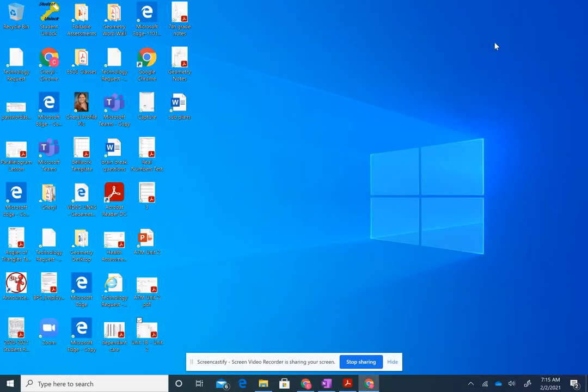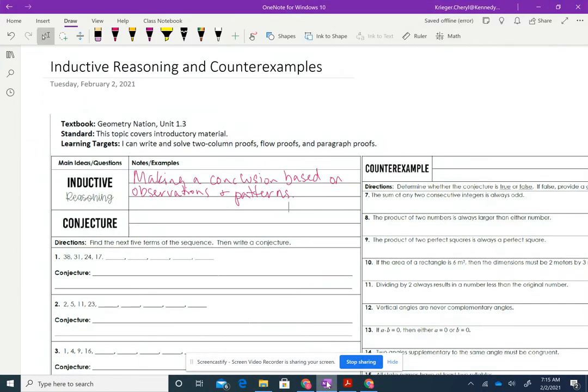Okay, so we are doing inductive reasoning now. We're making a conclusion based on what we find. Another vocabulary word that you need to know is conjecture.